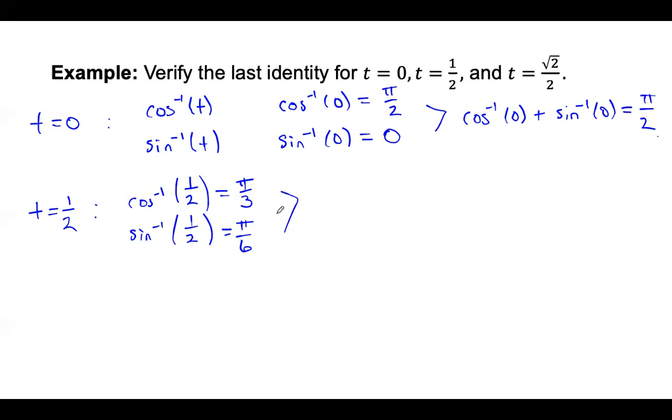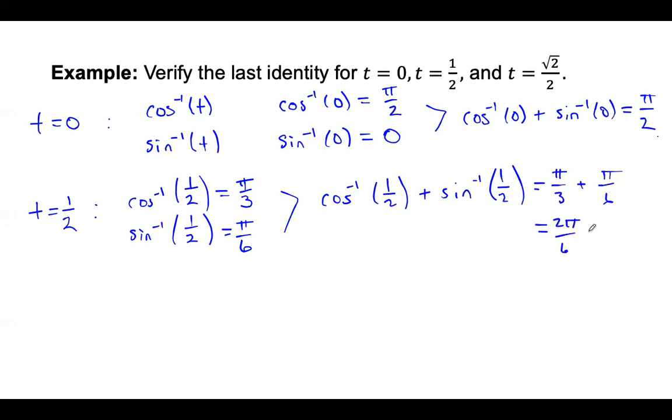So when we apply it to the identity, we add these inverses. We get pi over 3 plus pi divided by 6. We add them, 2 pi divided by 6 with a common denominator. We get 3 pi divided by 6, which is the same as pi divided by 2.